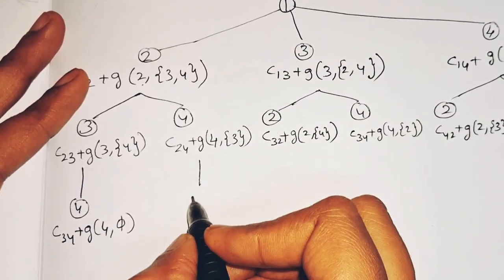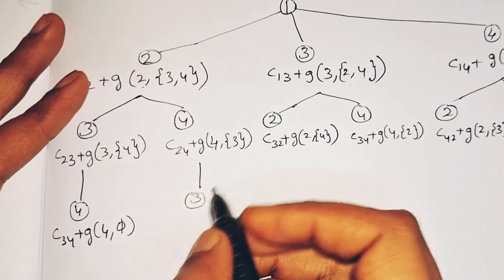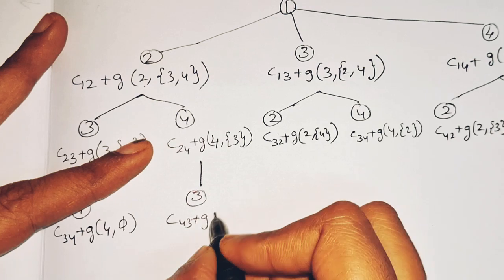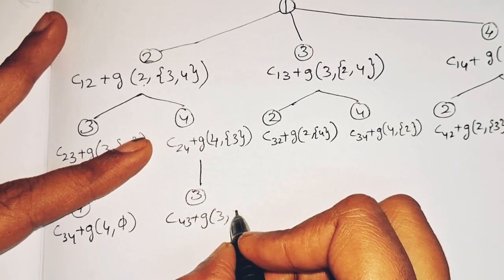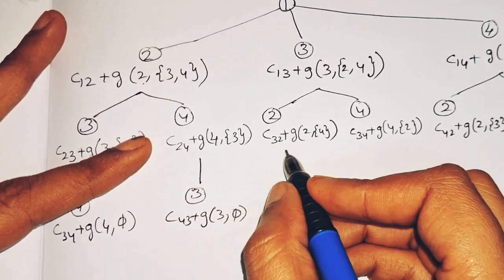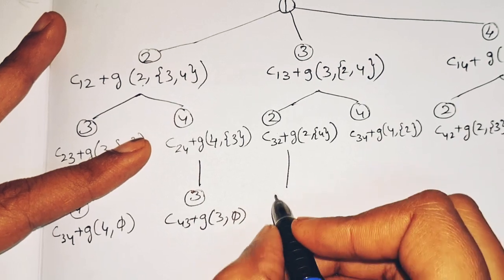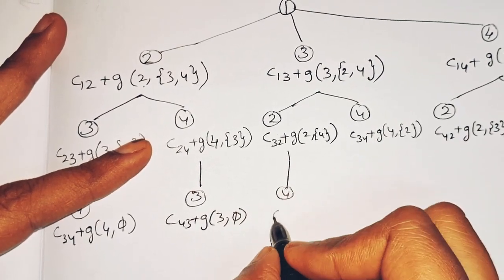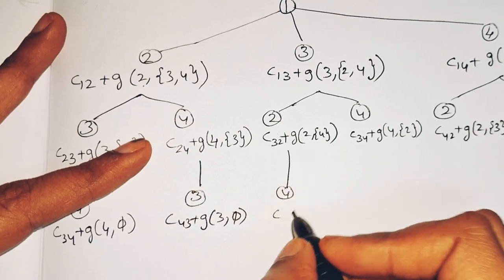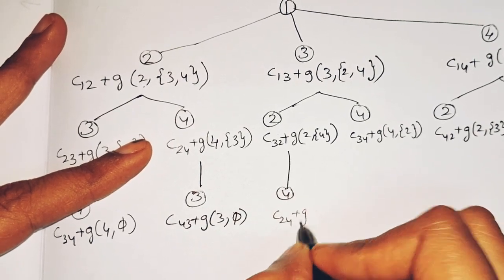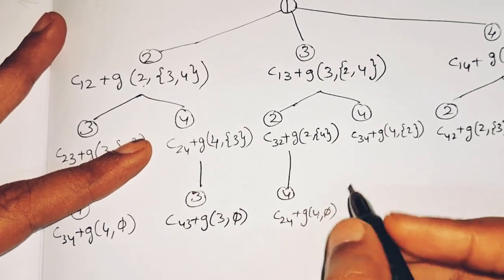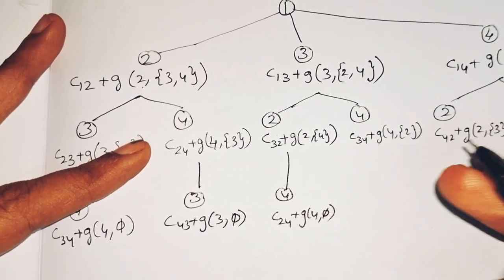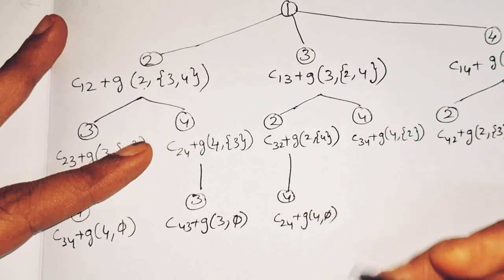So similarly here also 3, right? So C 4 3 plus G of 3 comma null. Okay, next node is 4 and C of 2 4 plus G of 4 comma null. So from 4 there is no way to traverse the remaining nodes, since all the nodes are visited.